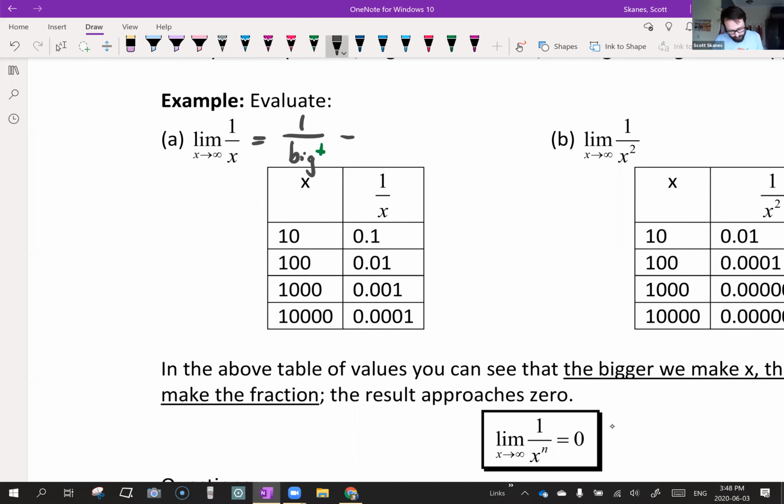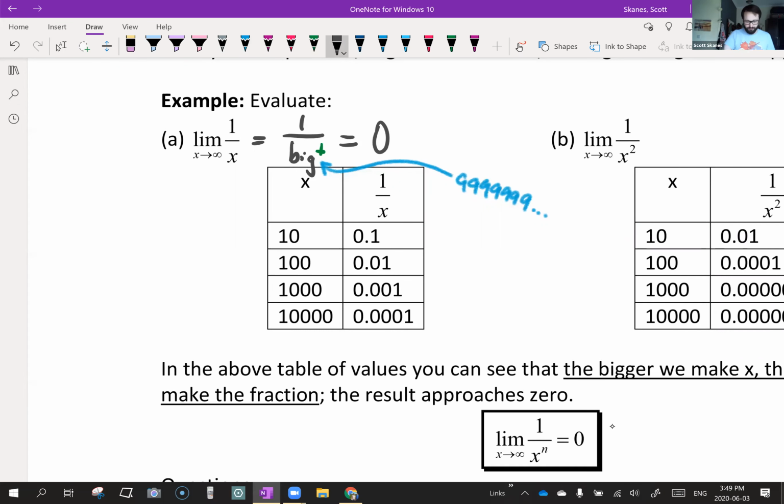For example, on your calculator, you could type in 999999999999999. What's 1 divided by 99999999999? It's essentially 0. It's getting closer and closer to 0, certainly. So, spoiler alert, the limit as x approaches infinity of anything with x on the bottom like that is going to be 0.